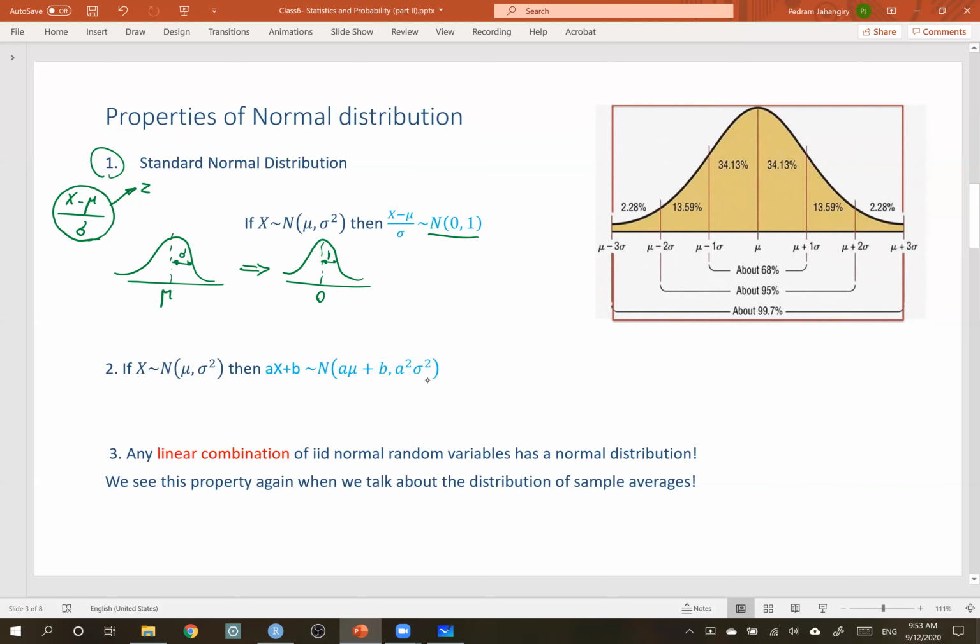All right, second property. If X is normally distributed with the expected value mu and variance sigma squared, then any linear combination of that, like aX plus b, where a and b are constants, is still normally distributed, but with the expected value a mu plus b and the variance a squared sigma squared.